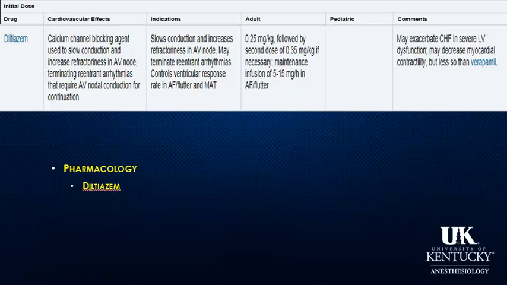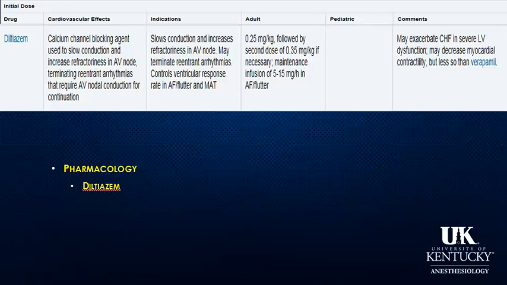Another antiarrhythmic included in the table in your reference is diltiazem, which is a calcium channel blocker, and it has the potential to terminate re-entry arrhythmias and to control the ventricular response in atrial fibrillation, flutter, and multifocal tachycardia.